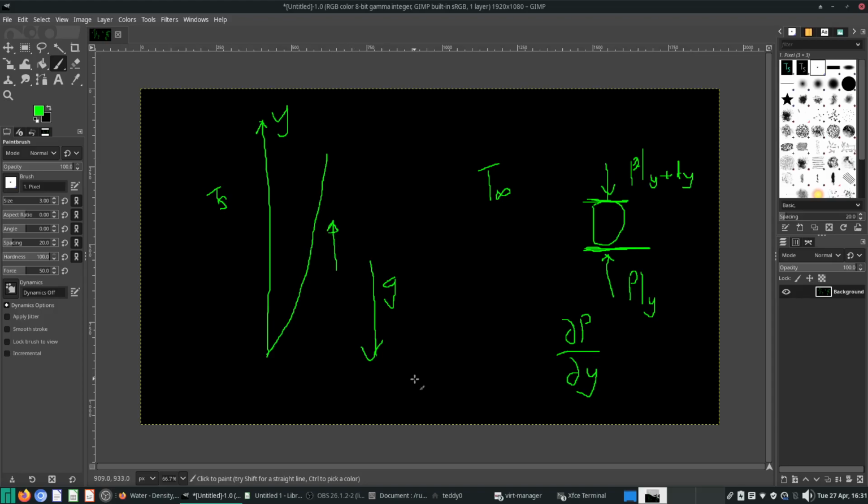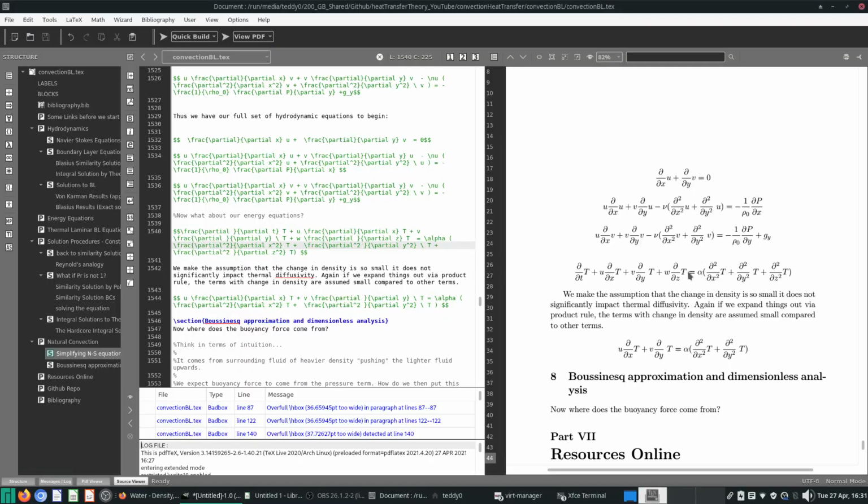As Y increases, the pressure decreases, so del P del Y is less than 0. This is the buoyancy force pushing the liquid upwards. Normally in forced convection, the buoyancy forces and the gravity forces will balance out. In this case, definitely not the case. So your buoyancy forces will come from this del P del Y term.